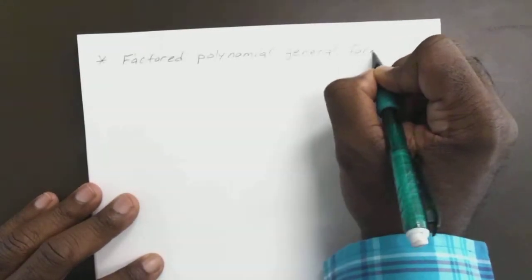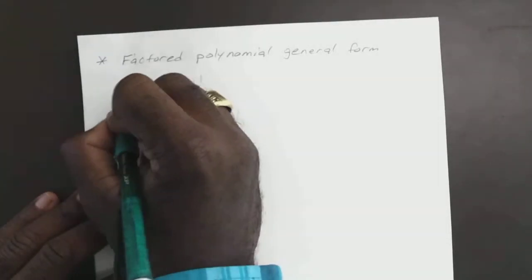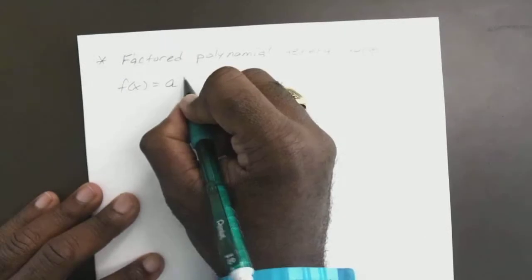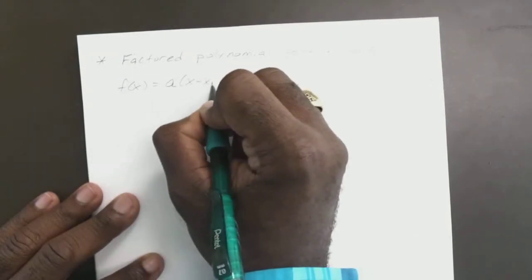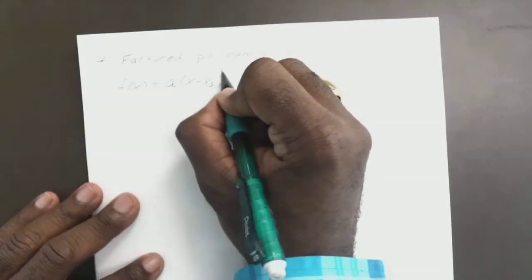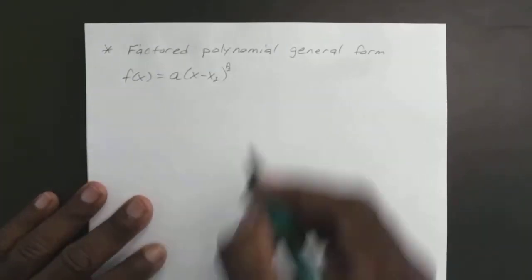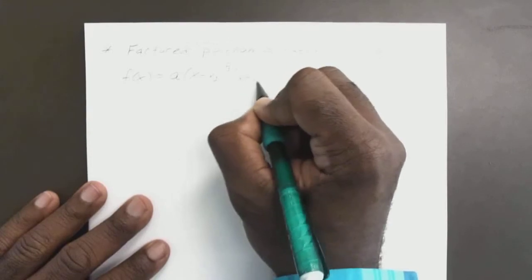So our factored polynomial general form. That's if you have some f of x is equal to some lead coefficient times x minus x1 raised to some power, we'll call that p1.